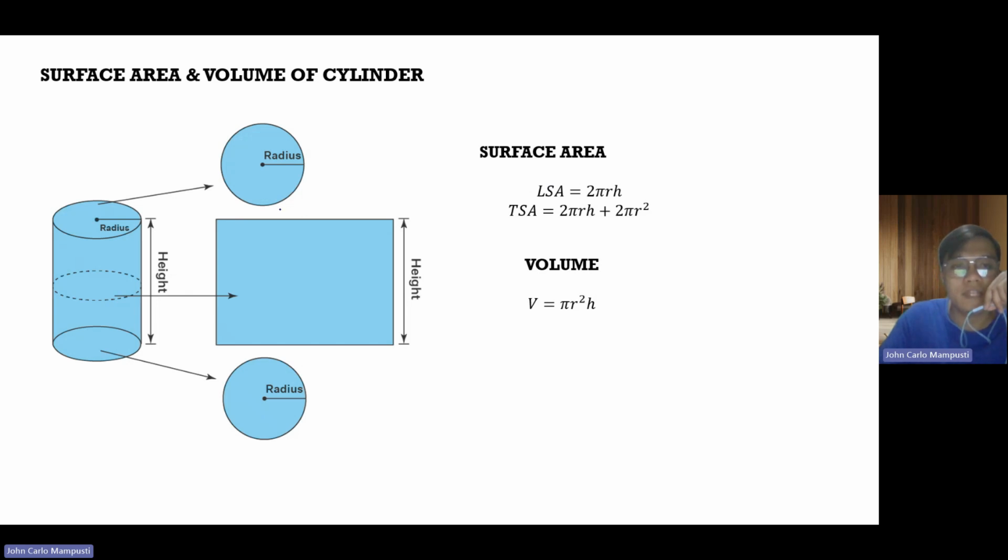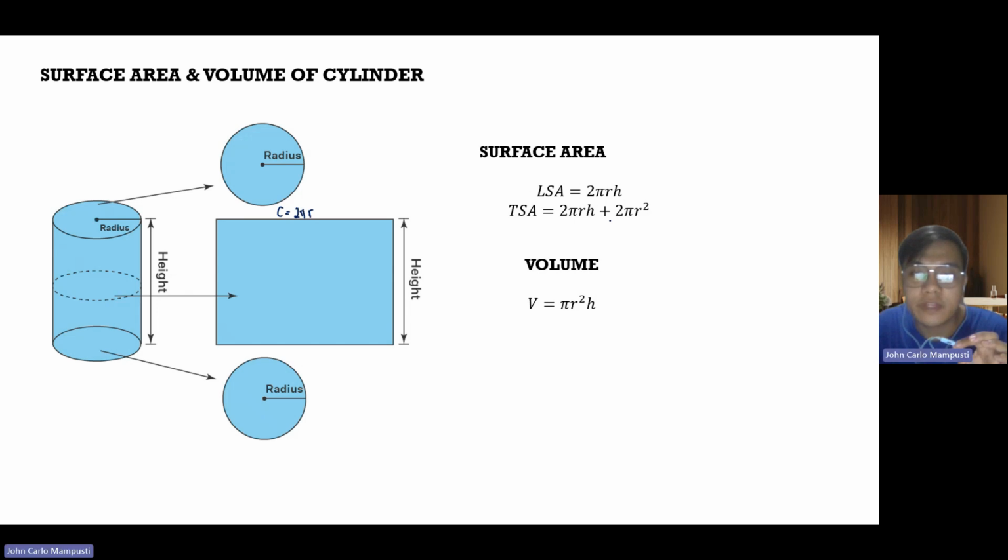So, yung circumference natin dito, this is equal to 2 pi r. Okay? So, kung kukunin nyo yung area ngayon nung ating rectangle, this is equal to base times height. Circumference times height is equal to 2 pi r times h. So therefore, yung formula ng lateral surface area natin is equal to 2 pi r h.